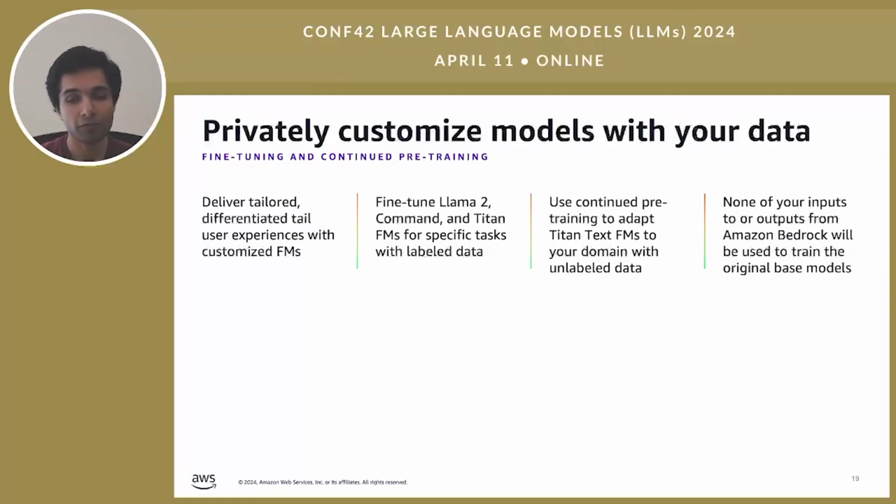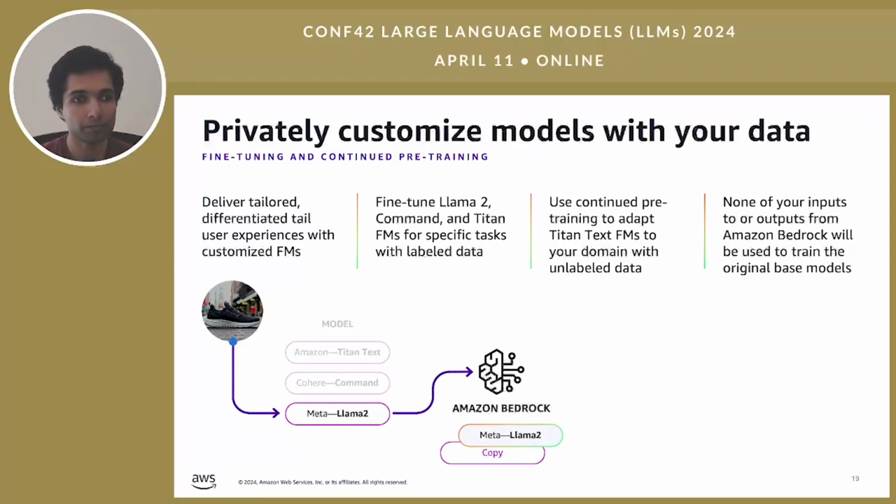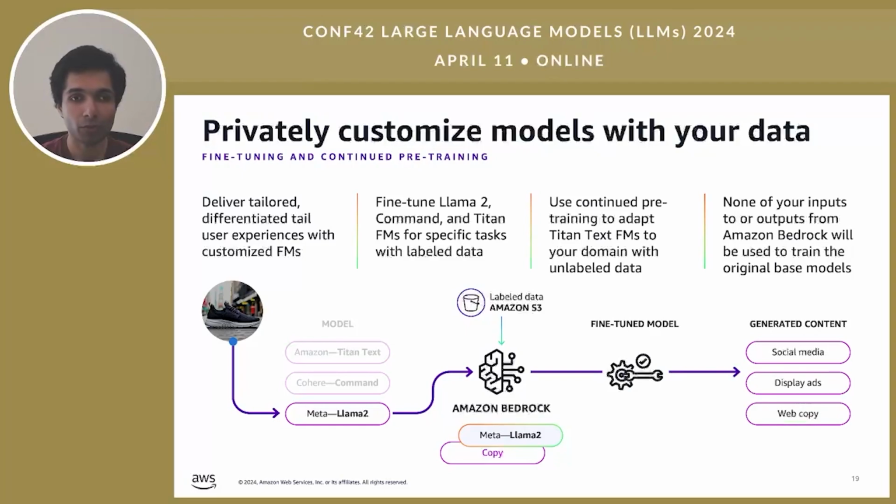So today you will have fine-tuning available with Llama models, Cohere Command, Titan and Express Titan multi-model, and Titan image generator. Fine-tuning will be coming very soon to Anthropic Claude models, but today it is not available. So this creates a copy. You have the labeled data set in Amazon S3, and from there you are able to fine-tune the model and get the generated responses.